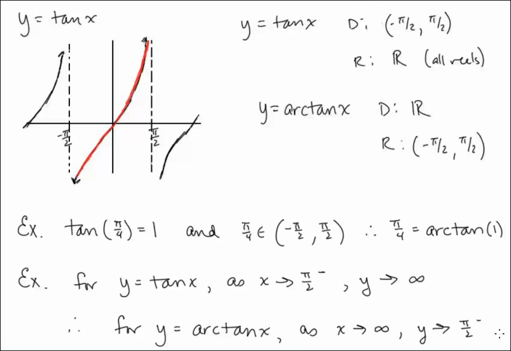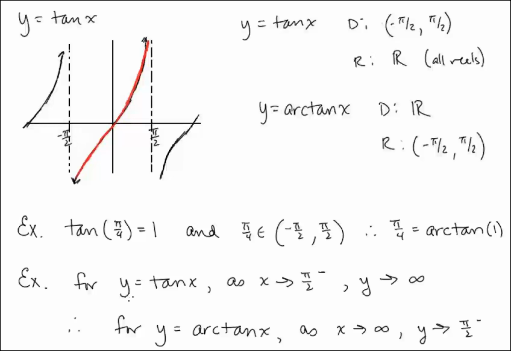Now, the arctan function often comes up in limit evaluations. So let's take a look at what's happening here. For y equals tan x, that's the graph that we're looking at here, we can see that as x goes to pi over 2 from the left, the y values are going towards infinity.